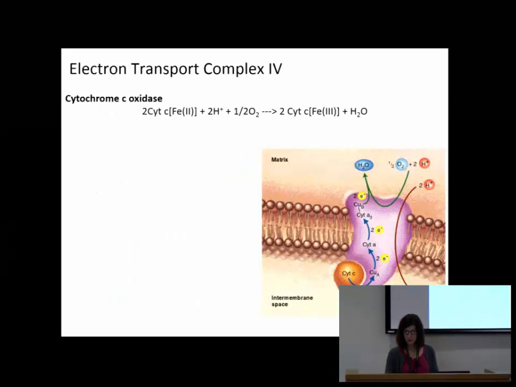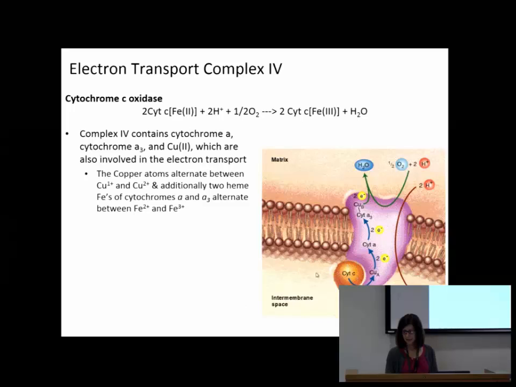Complex 4, again, this slide is busier than I want it to be, but it's going to take this cytochrome C that we just reduced, and it's going to be oxidized. It's going to give it to different cytochrome A's and to copper ions. That's all I need you to know.